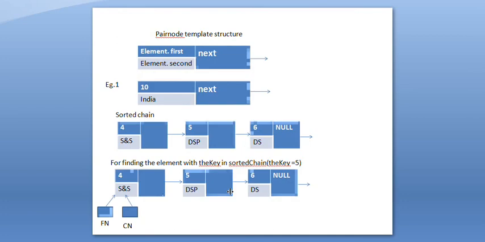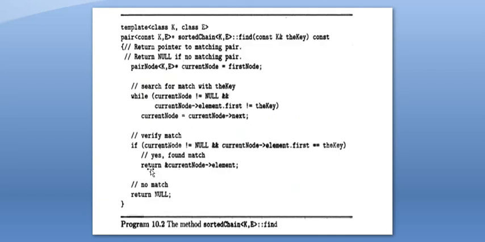Suppose the situation was that you had an element like 3. Then it checks the first node, you don't have it, so it goes to the next node, again it checks current node with 3, so it is not equal. So again you traverse, again you check here, 3 is not equal to 6. Then finally you go to the final node, and because you don't have any further node, current node becomes null.